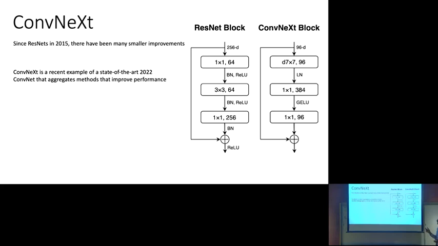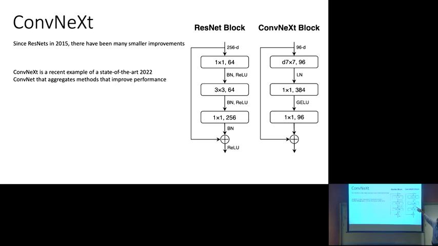You're still getting something that's a linear combination of things in 7 by 7, except it does it in 2 steps: 7 by 7 channel-wise, and then make 384 different linear combinations of those, combining across channels.